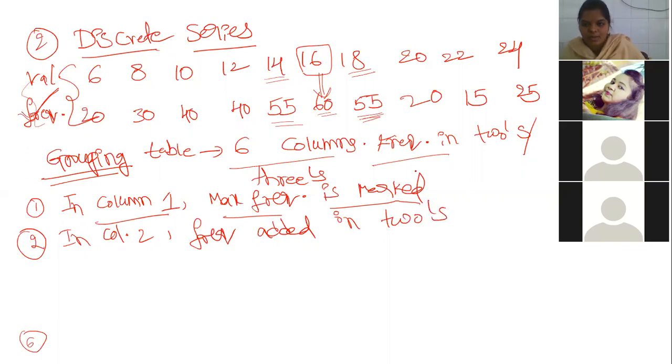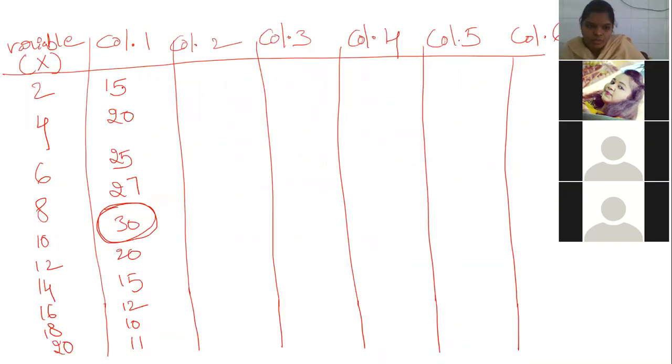Twos means you add 1 and 2, 3 and 4, 5 and 6, likewise. So you take a pencil or any different pen and mark like this. So in column number 2, we are adding the frequencies in twos. So you just add it.